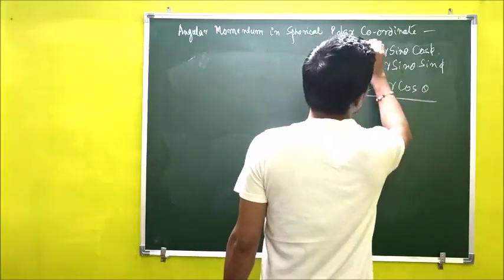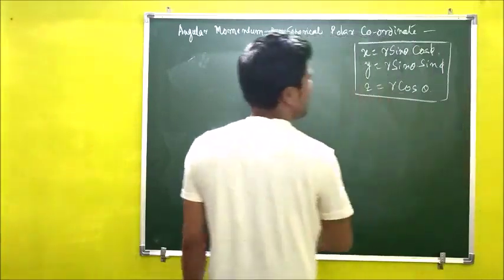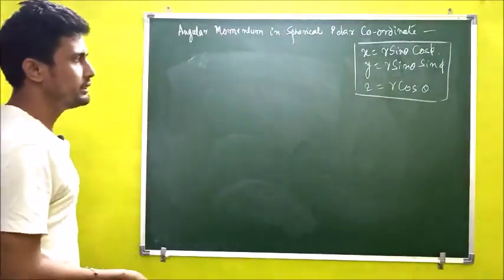These are the polar coordinates for the position vector x, y and z.